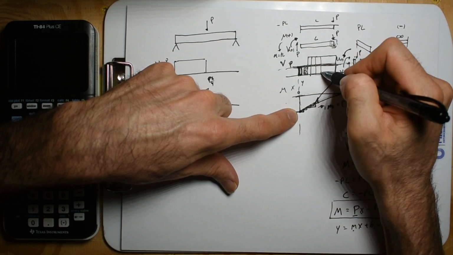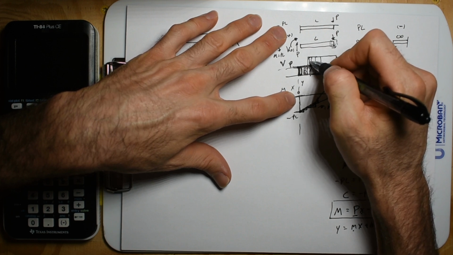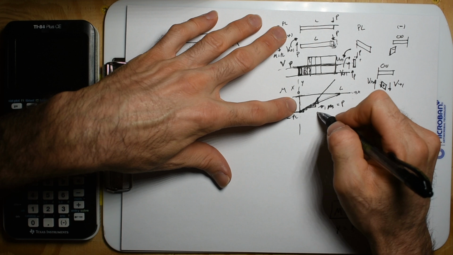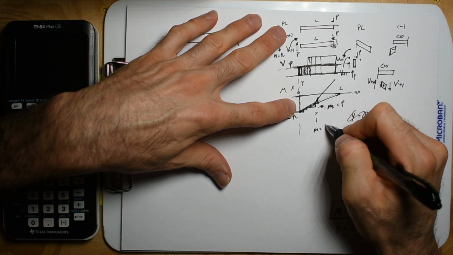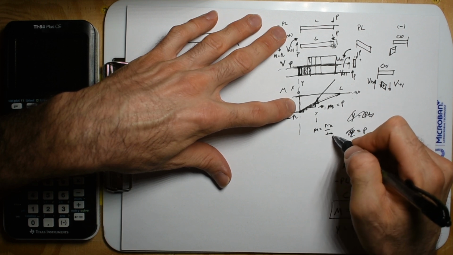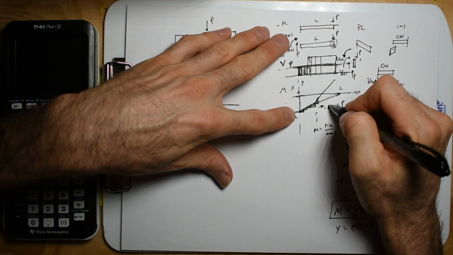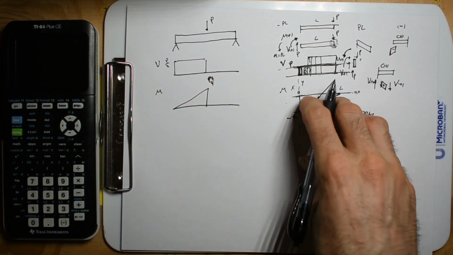So this height, this area, is the slope. Slope is the rise over run, and if I just go over 1, well, heck yeah, I go up the slope. So that's going to be very useful for me.